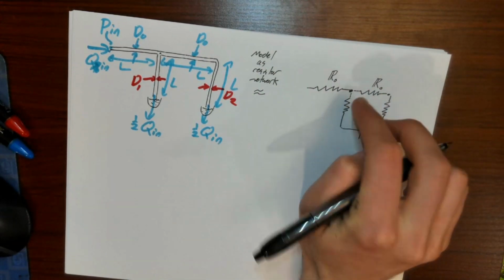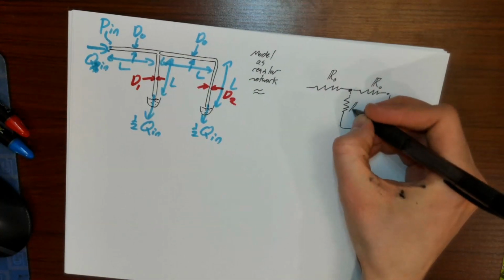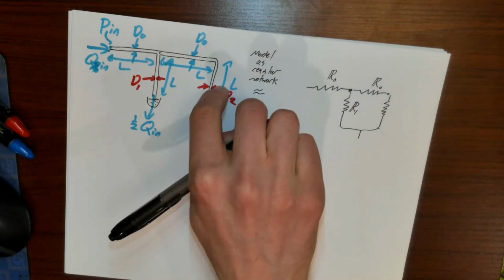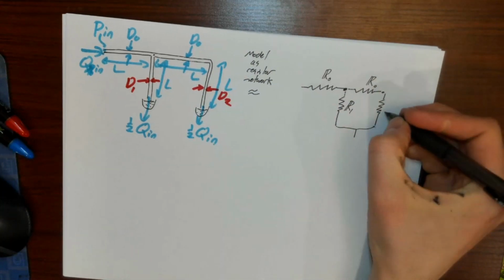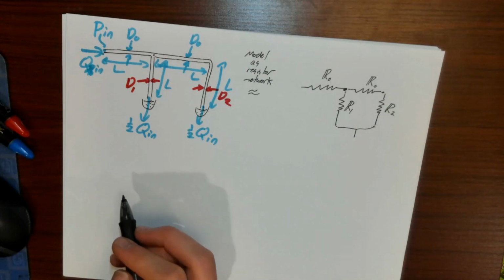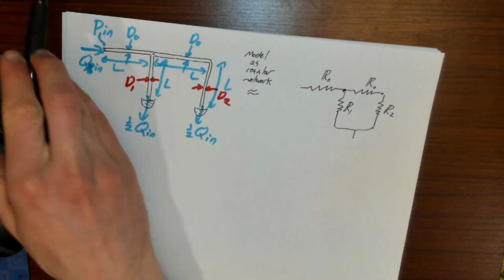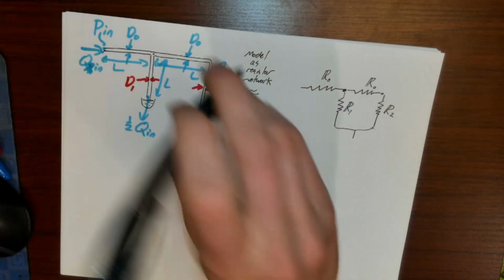There's also some fluidic resistance for this segment right here, which I'm going to call R1, and a fluidic resistance for this segment here, which I'll call R2. So we have R naughts for these ones, R1 and R2 for these.